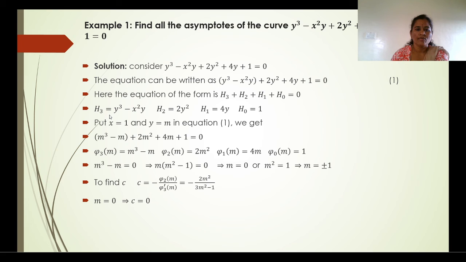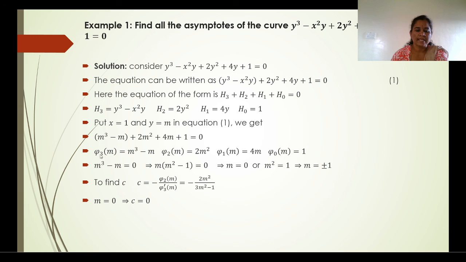Then h3 is y cube minus x square y, h2 is 2y square, h1 is 4y and h0 is equal to 1. Put x is equal to 1 and y is equal to m in equation 1. Then this equation becomes m cube minus m plus 2m square plus 4m plus 1 is equal to 0.